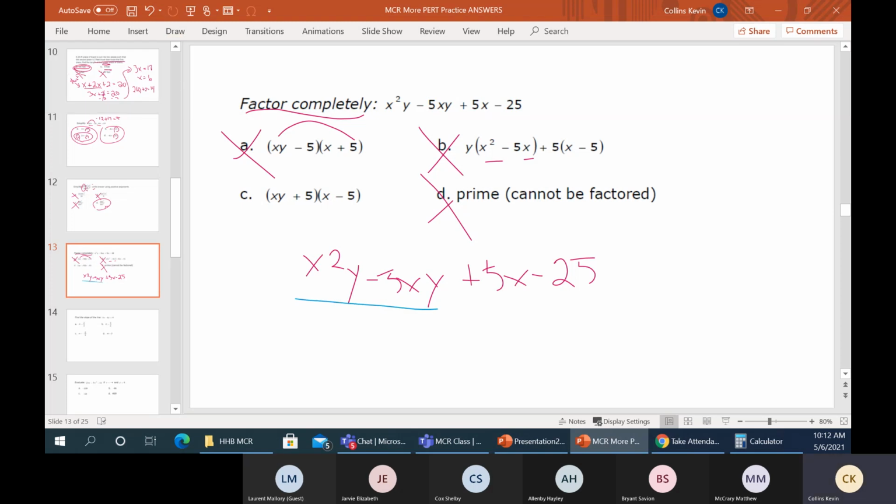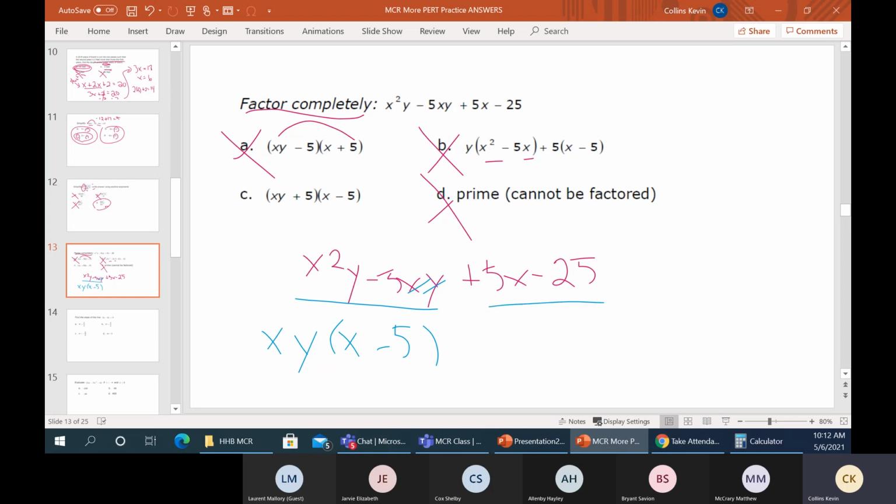I've got an x and an x squared. That means I can factor out an x. And I've got y's in both, so I can factor out a y. Okay, so what do I have left? Well, x squared divided by x is just x. The y's cancel. Over here, the x and the y cancel. So I'm left with just minus 5.